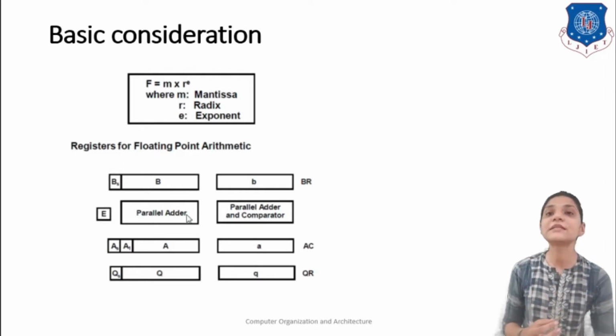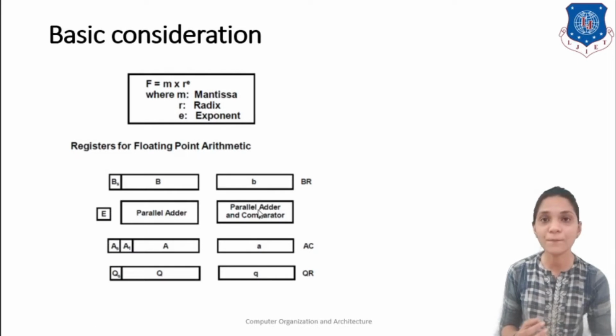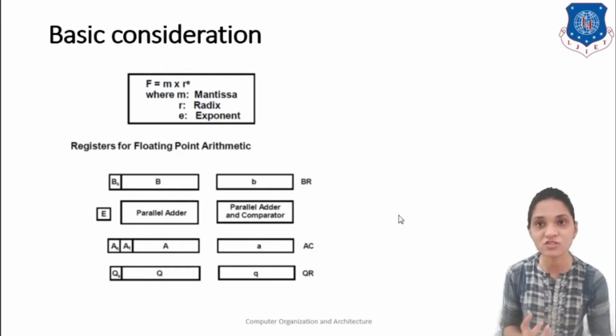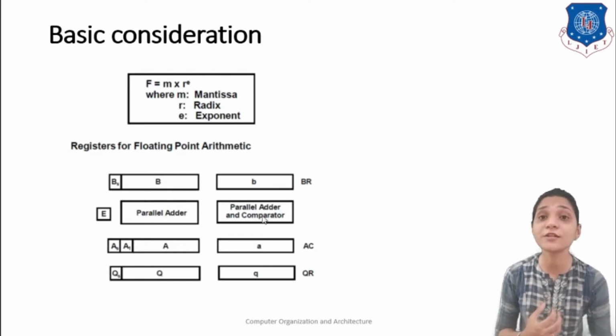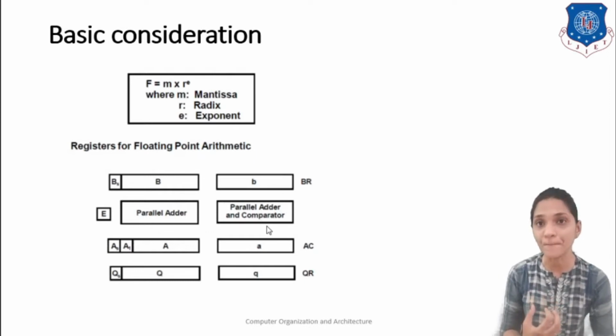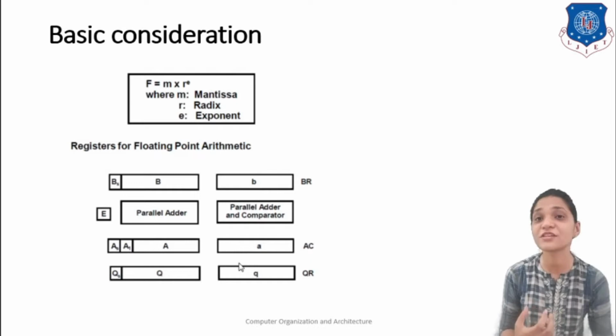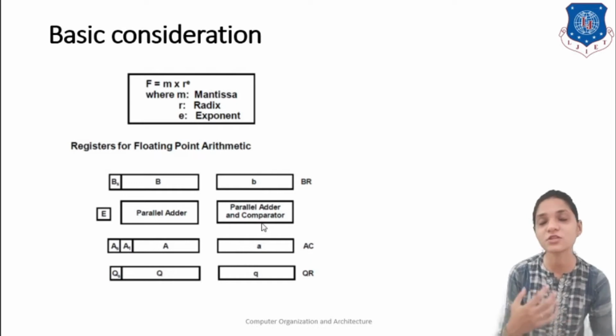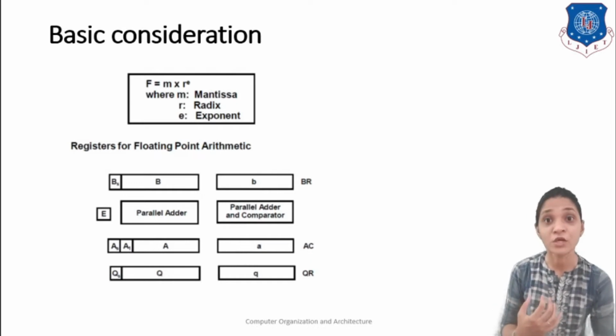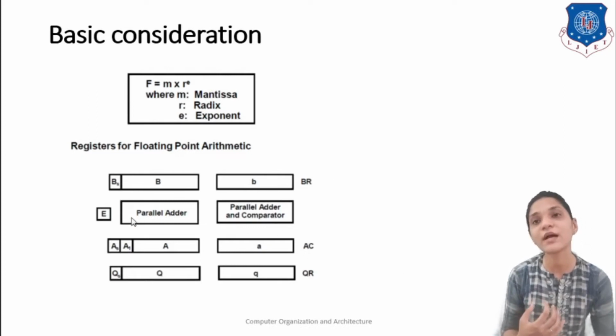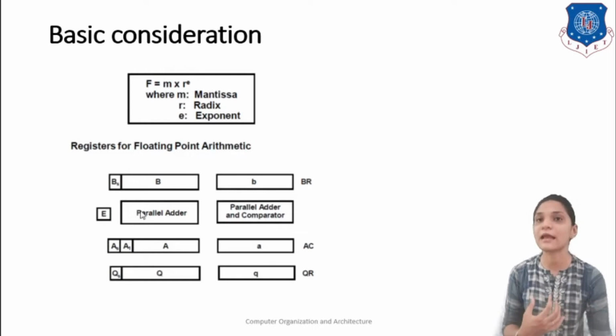And these are the parallel adders and the comparator circuits. Mantissa requires only addition, but the exponent terms also require comparing whether both exponents are equal or not for the addition or subtraction operation. So the exponent part has the adder as well as the comparator, while the mantissa needs just the adder.